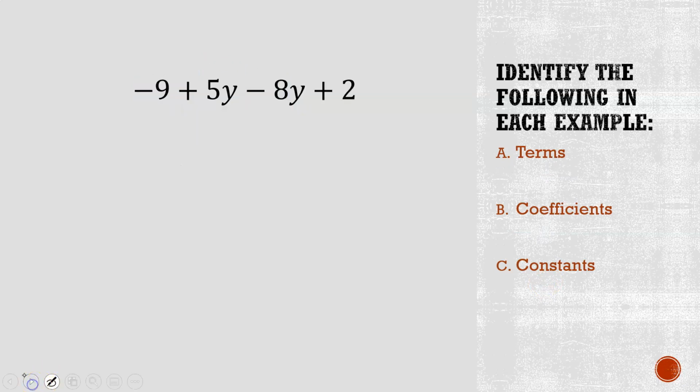All right, let's do the same for the next one. Let's identify the terms. So each one of these is a term. So we have negative 9, 5y, negative 8y, and positive 2. The coefficients, again, are in anything with a variable, the number piece of it.